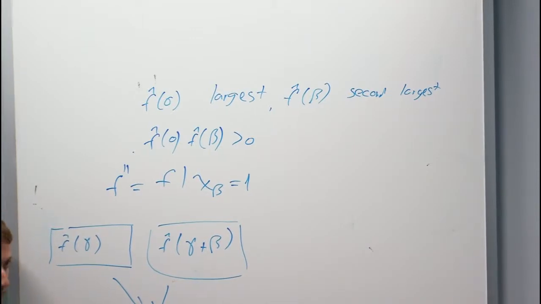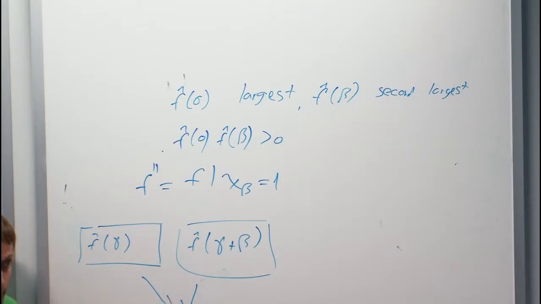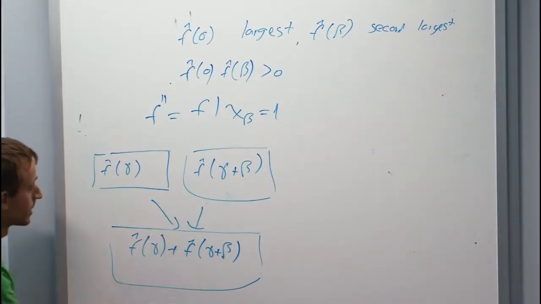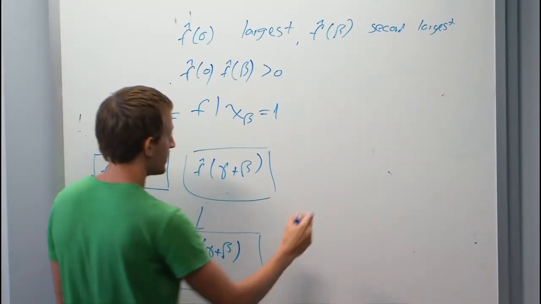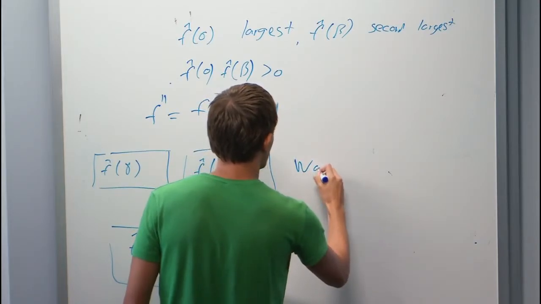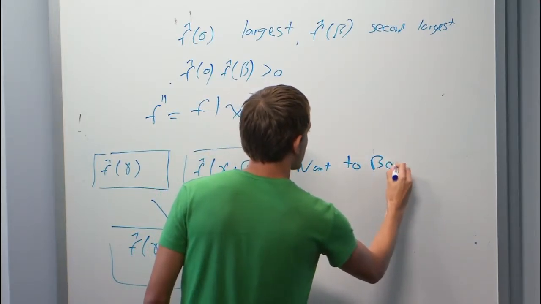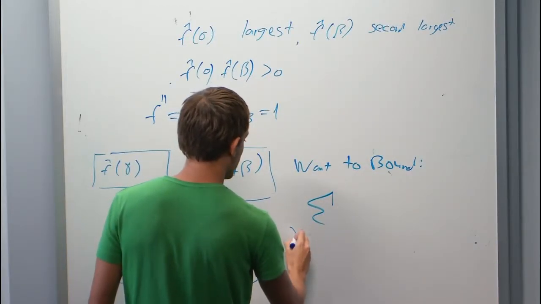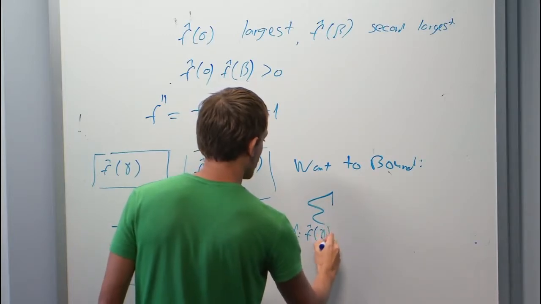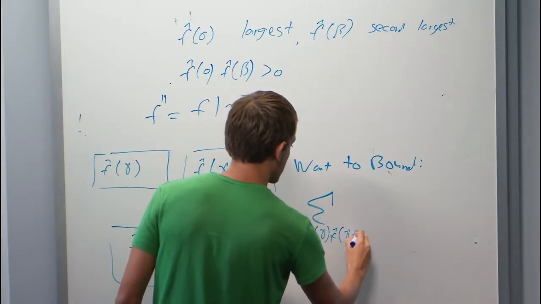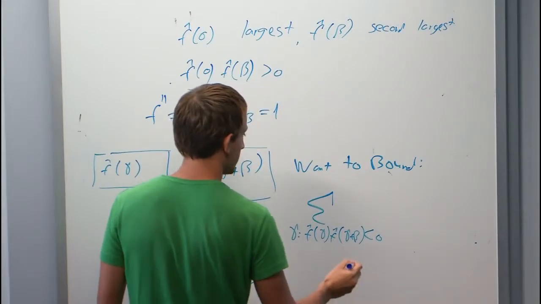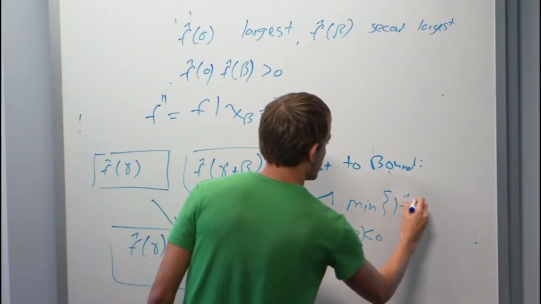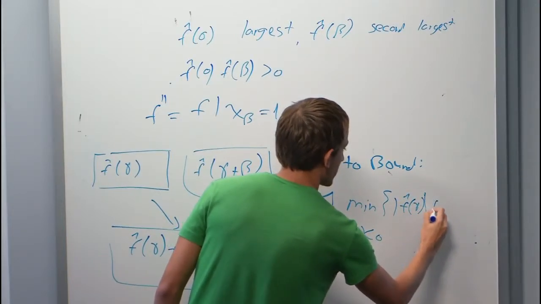So the loss comes from pairs with different signs, right? Because this time if they have the same sign, then the sum is just the sum, and if they have different signs, you lose something. So what you want to bound is the sum over gamma such that f hat of gamma times f hat of gamma plus beta is negative, of the minimum among those two.